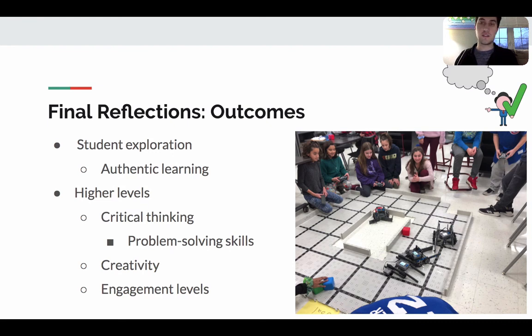And that led to authentic learning, using a bot to remove, in this case, radioactive material, but it could essentially be garbage, like a Roomba, the automatic garbage-removing robot. They got to succeed in building a bot.